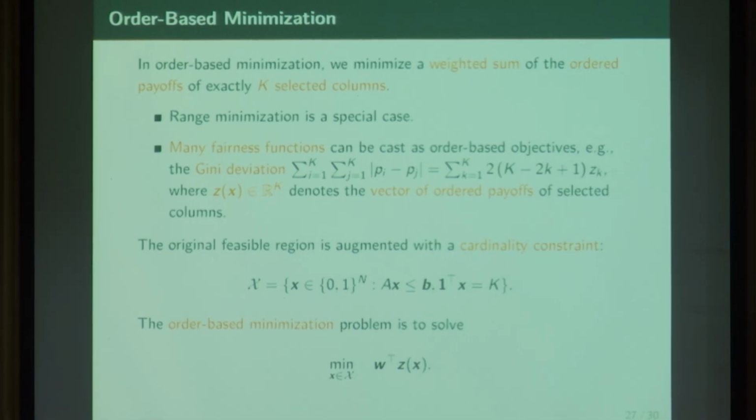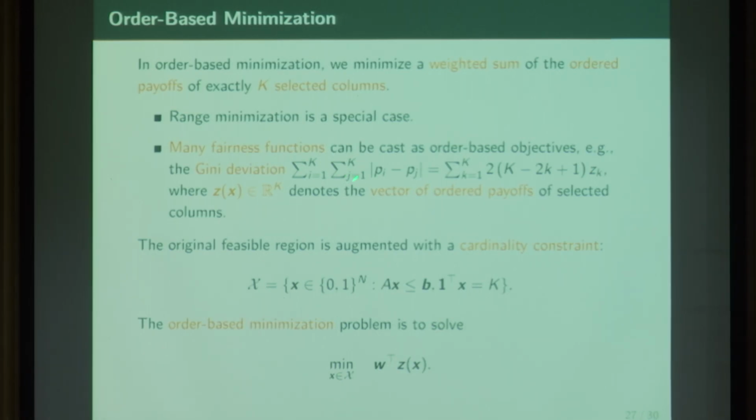And this is very well known in data science as the Gini deviation. In the Gini deviation, what you want is to take into account every pair of objective function components, and this is the Gini deviation of the objective function.